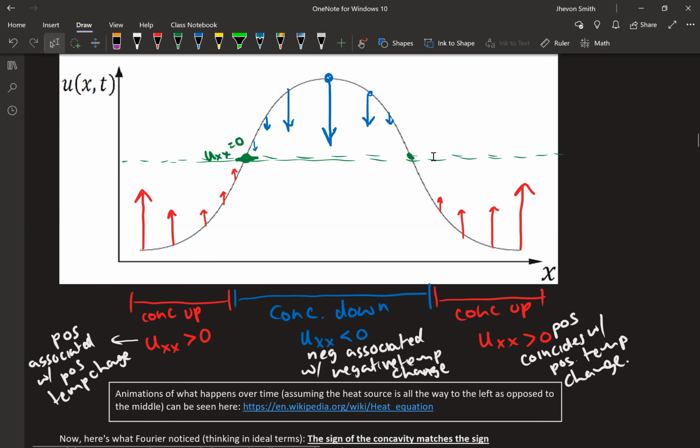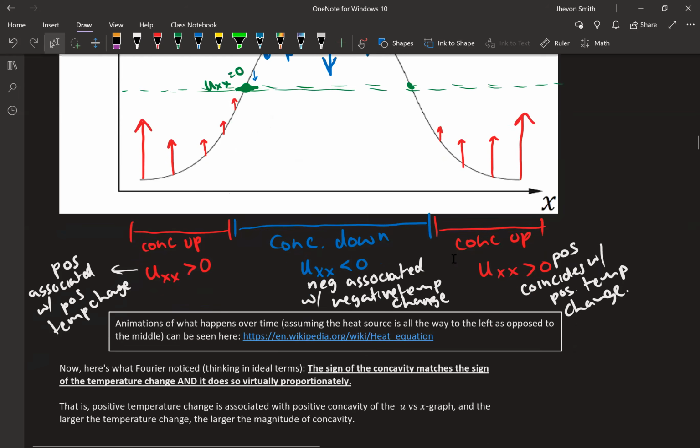You assume that as you move away from the equilibrium, it's going to be associated with a proportional change. And so he made that assumption, right? So this is the idea. Here's what Fourier noticed. The sign of the concavity matches the sign of the temperature change, and it's pretty much proportional.